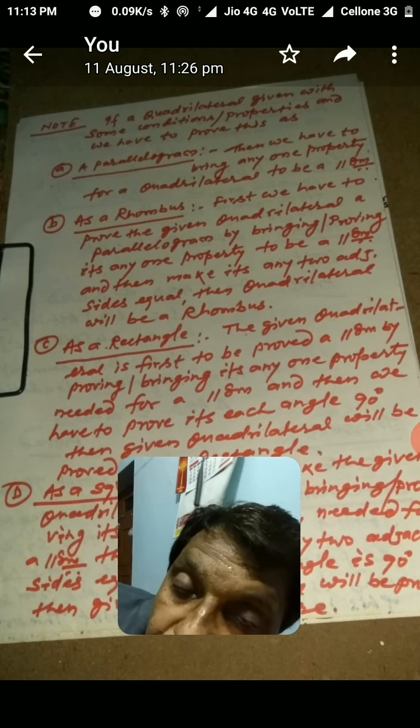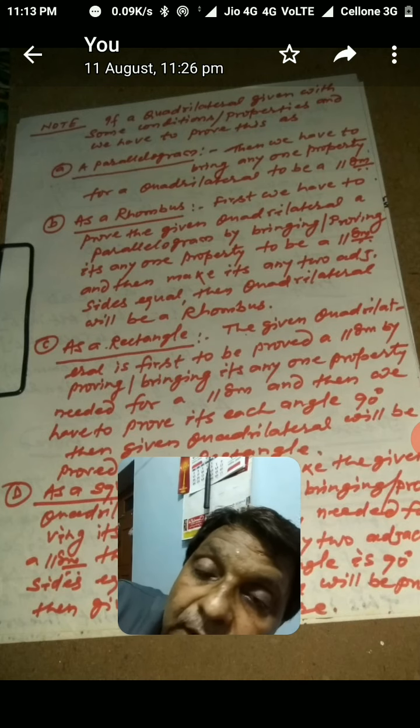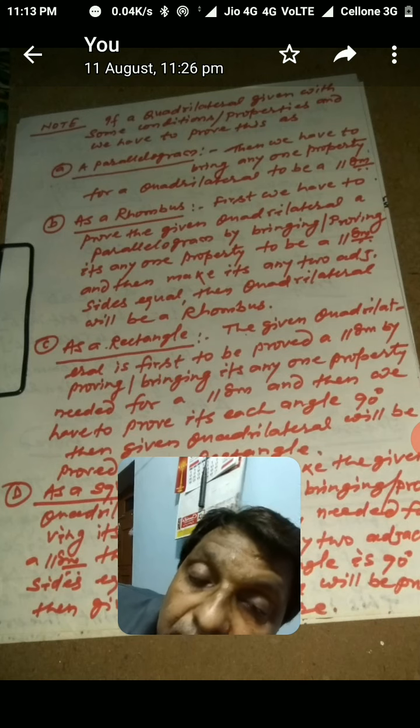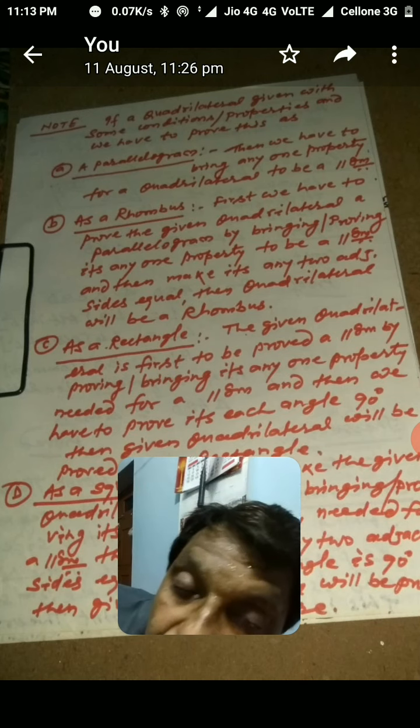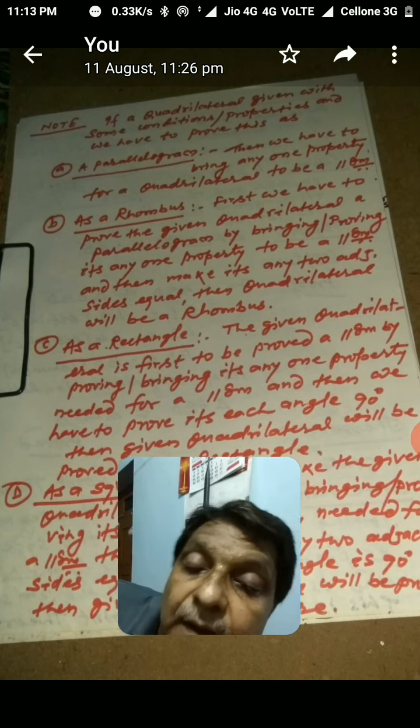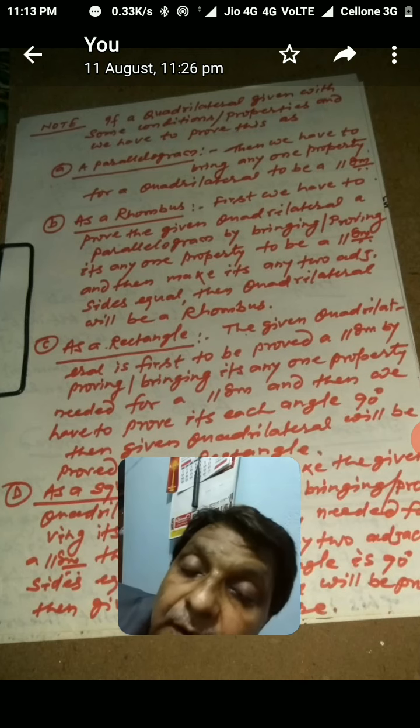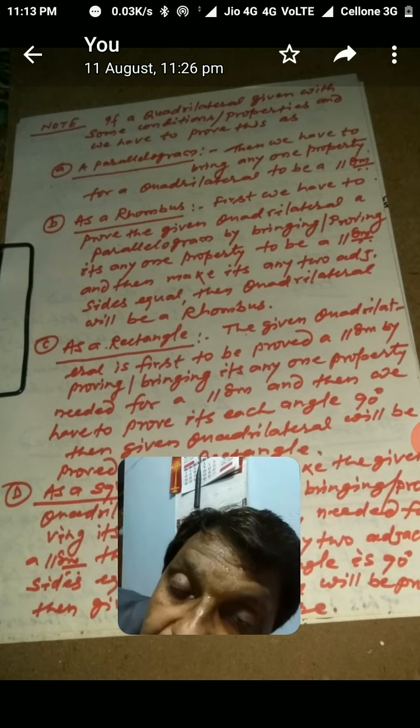In the first part, prove it as a parallelogram. In the second part, prove it as a rhombus by making any two adjacent sides equal. And in the third part, make each angle of this parallelogram 90 degrees.